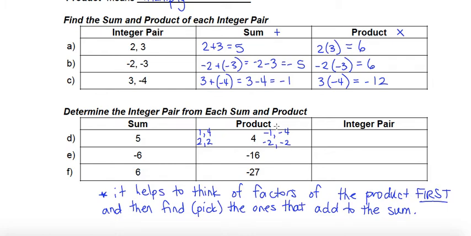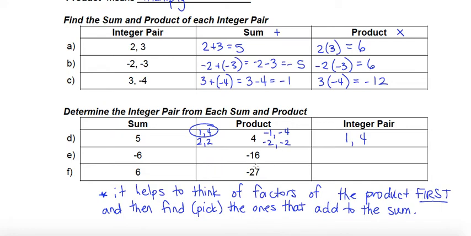So these are the integers that will multiply to give me 4. So we have our set of positive values and we have our set of negative values. And now we need to think about which one of these sets of integers will add up to give us 5. In this case, it's the first set. So our integer pair is 1 and 4.